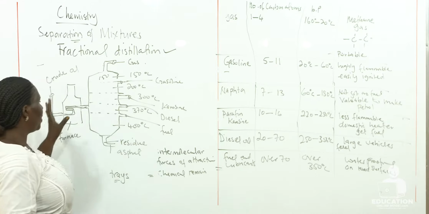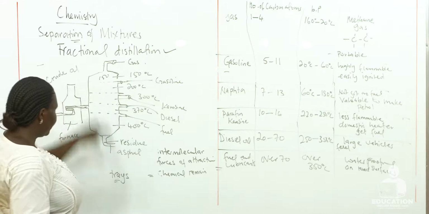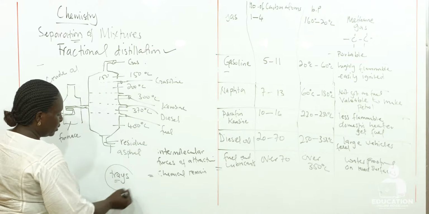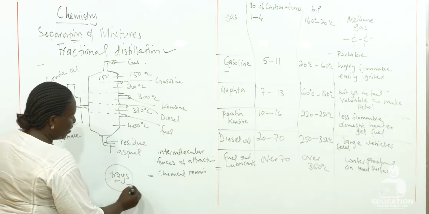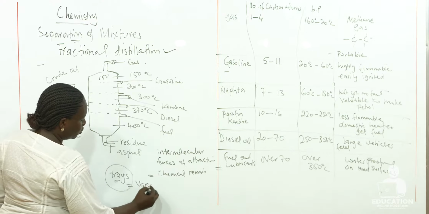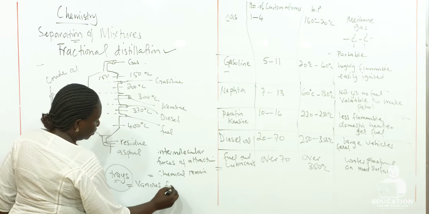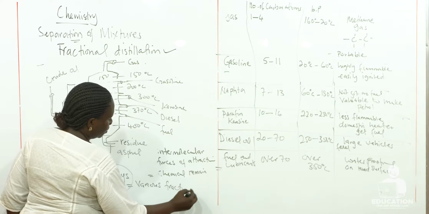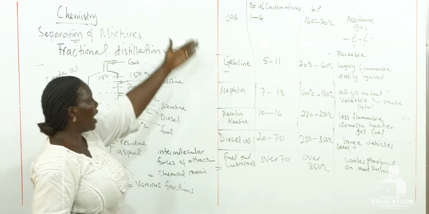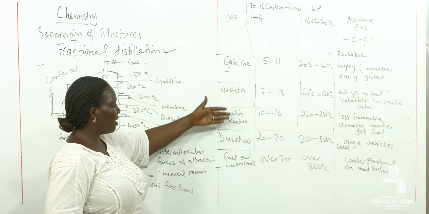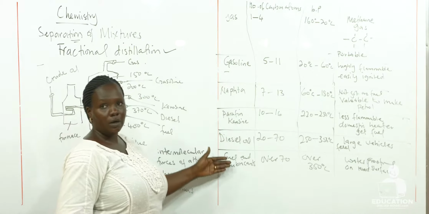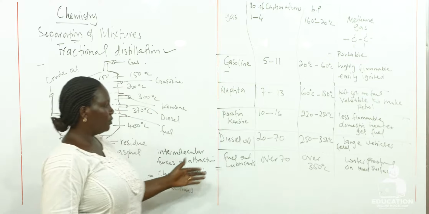When they evaporate and then are condensed, they will be collected in these trays. So in these trays we will have various fractions: gas or gasoline, naphtha, paraffin, diesel oil, and then fuel.